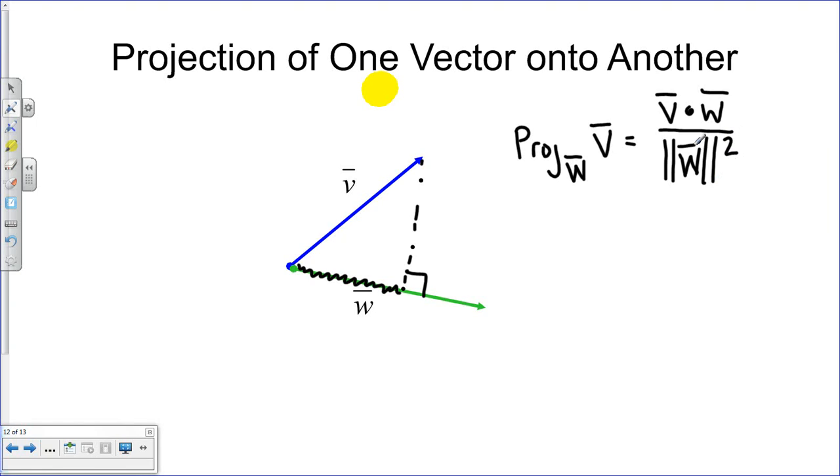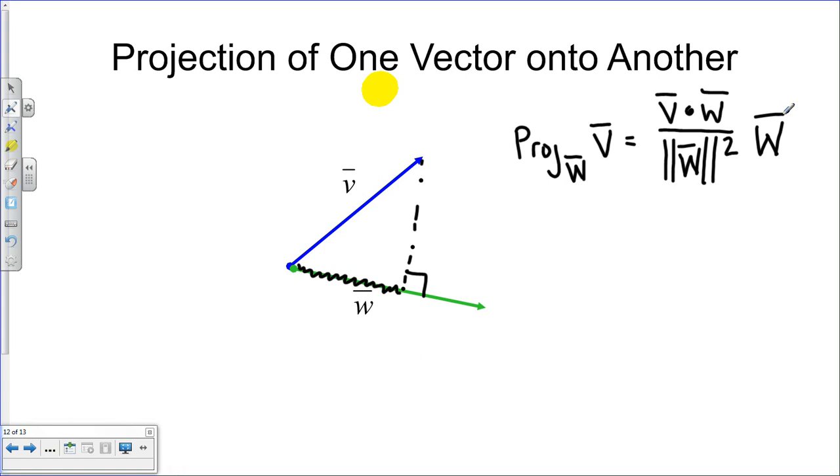Okay, not the magnitude of W, but the magnitude squared. Probably a very common mistake is to forget to square that number. Now all of this is a scalar that we then multiply times the vector W. So that is the projection of V onto W.